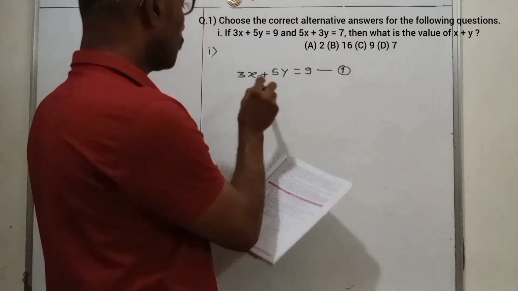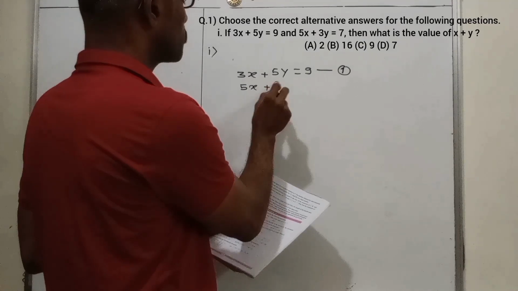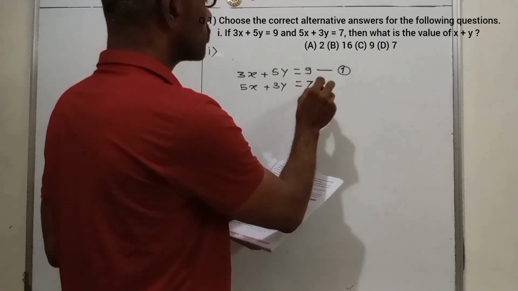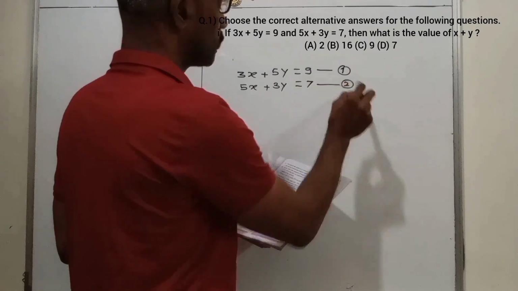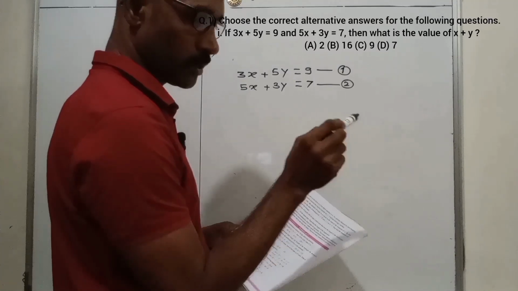And second, 5x plus 3y is equal to 7. This is our equation number 2. Then what is the value of x plus y?